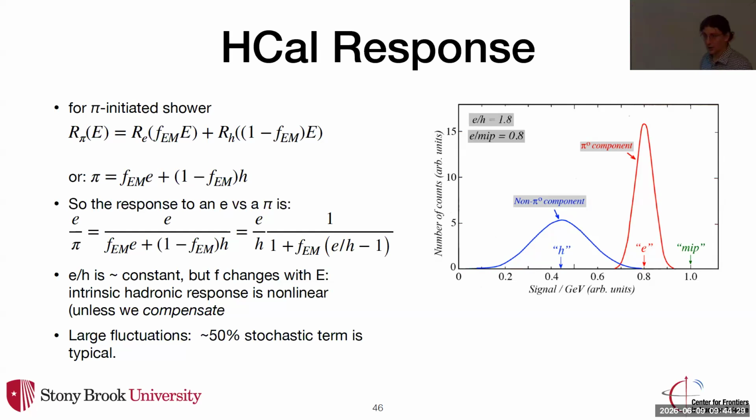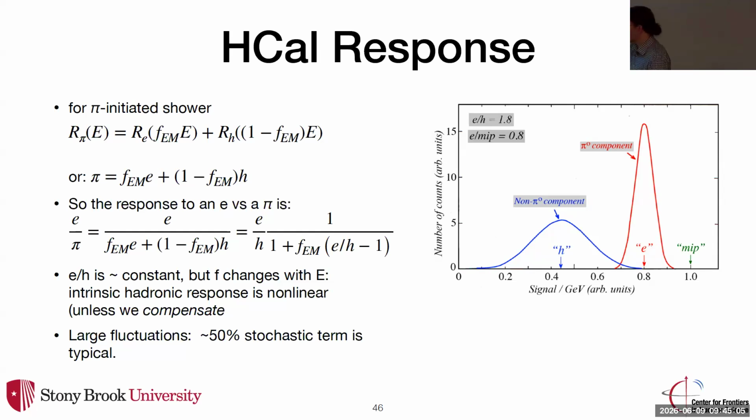So we have a problem because we want to detect the energy of the particle. And depending on what happens in this quantum, random process, we're either going to get most of the energy or not much of the energy with a huge spread. The response of our detector to a pion of energy E is the response it would have to an electromagnetic component, whatever electromagnetic fraction we have, plus the response to the hadronic component times 1 minus that.